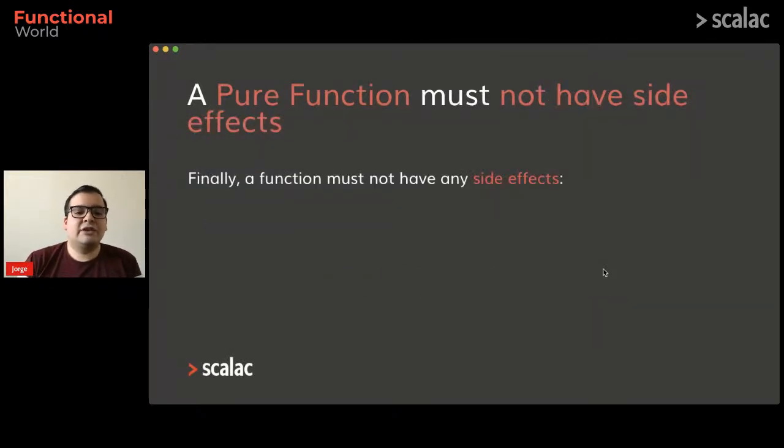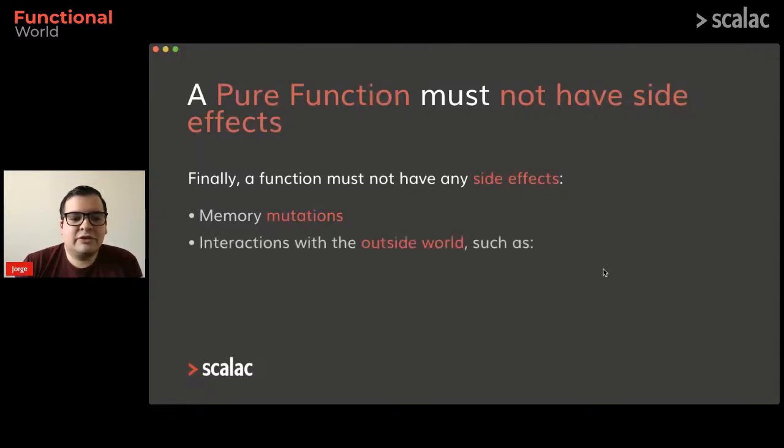And finally, a function must not have any side effects. So there must not be any memory mutations. That means you can't overwrite any value in memory. You can't, for example, increment it. That's not allowed in pure functions.